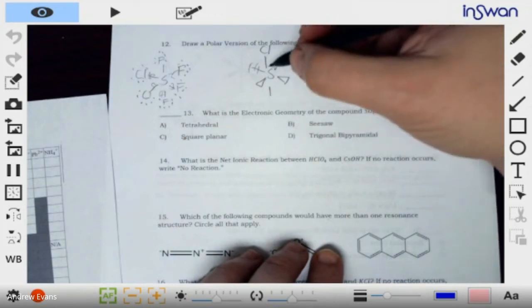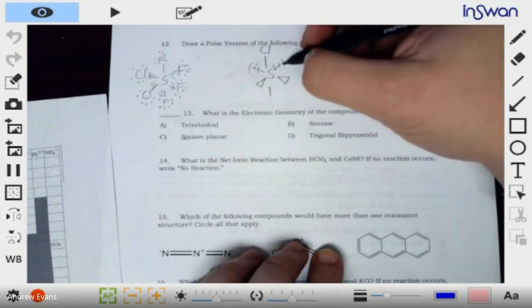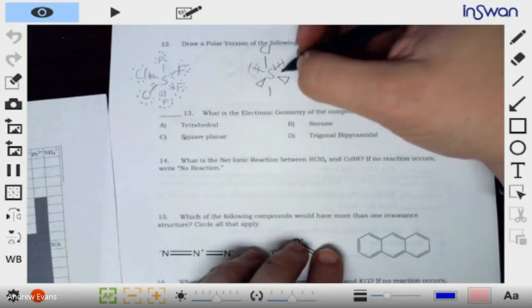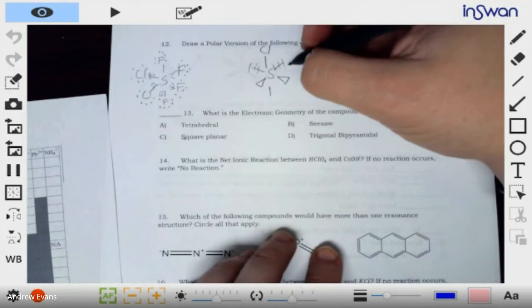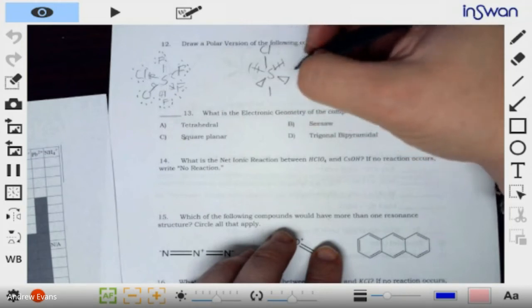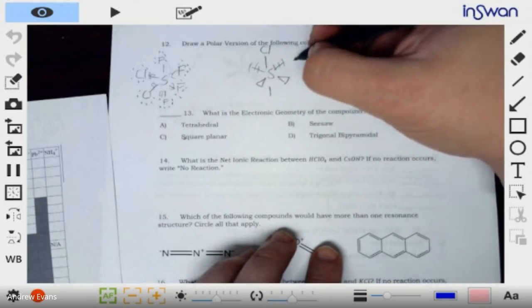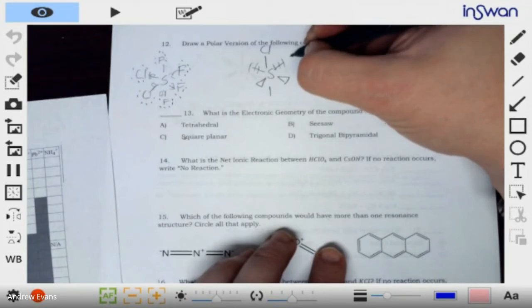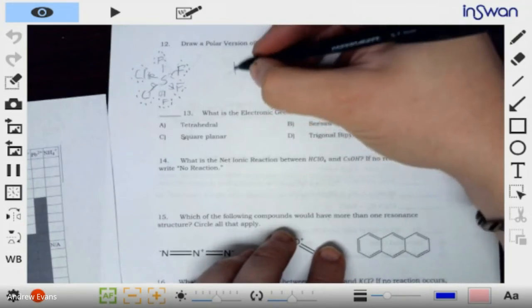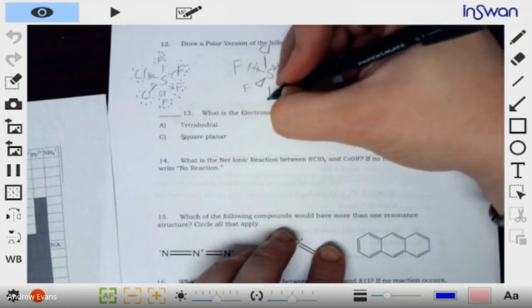To have a polar compound, if you have a symmetrical shape, you need unequal opposite atoms. So if I put a chloride here, those two chlorides would cancel out. All the fluorines would cancel out, and you'd be left with a nonpolar molecule. So I'm going to just put the chloride right here. And so long as I put the fluorines everywhere else, you're good.